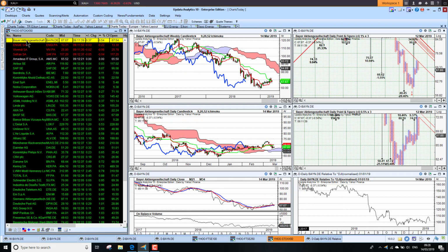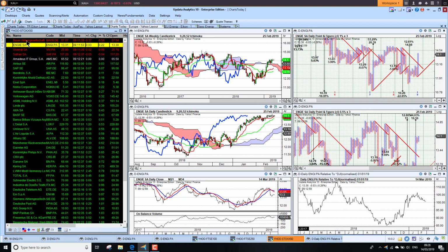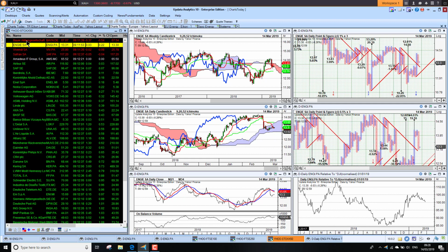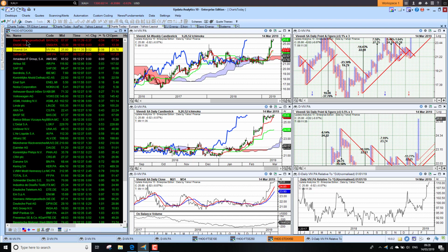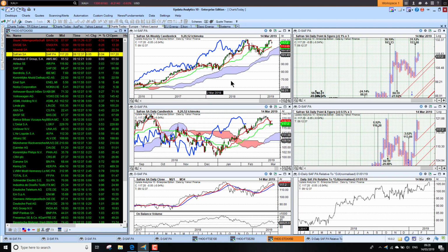So we've got Bayer down, and that long-term chart doesn't look good. Engie is also looking a bit lower there in Paris, and Vivendi actually looking really strong. The Vivendi chart is one of the best looking charts there, so that's what's helping keep the CAC 40 stronger than most. And Safran also in Paris down today, but still looking pretty good as a chart.